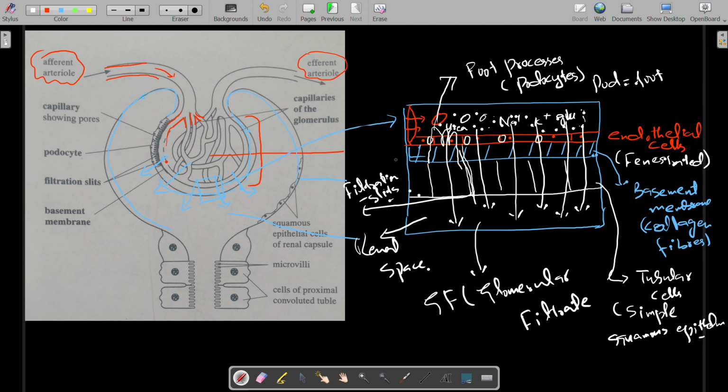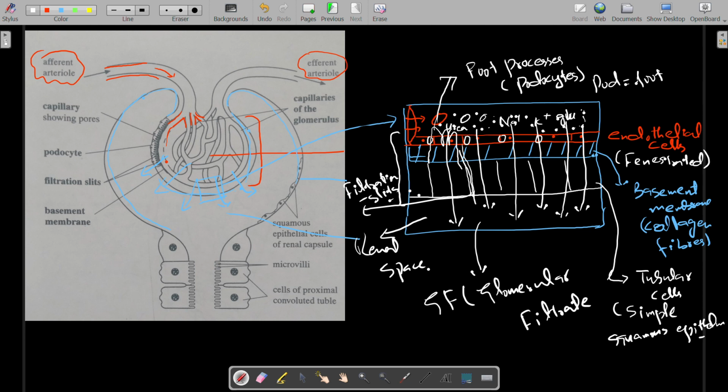So the endothelium, the basement membrane, and this epithelium of the Bowman's capsule make your filter paper through which the filtration takes place.